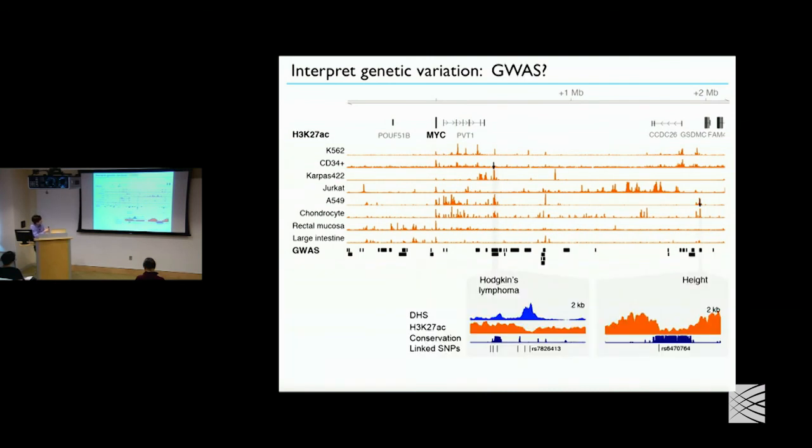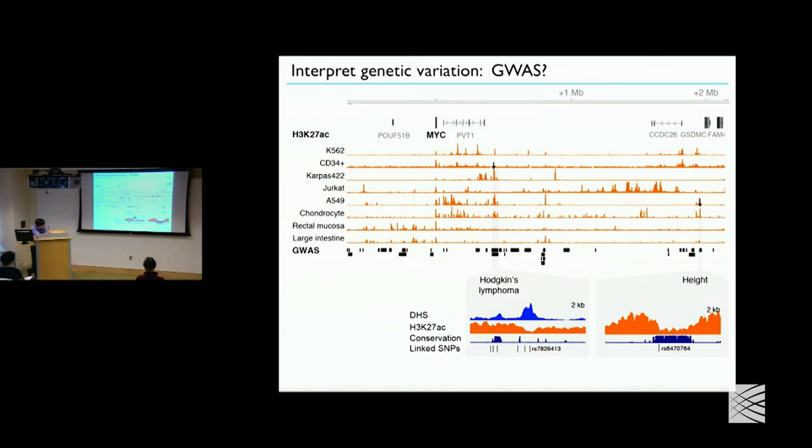We can take a couple examples. For example, this one here is a strong enhancer in a B-cell lymphoma line. If you look, there's a GWAS association with Hodgkin's lymphoma that contains a series of linked SNPs that overlap precisely this DNase hypersensitive site, as well as several conserved nucleotides.